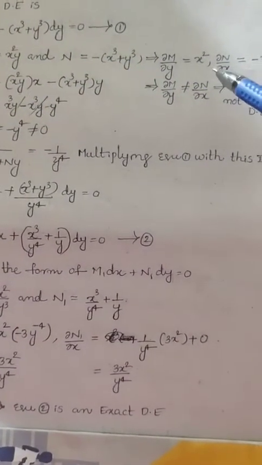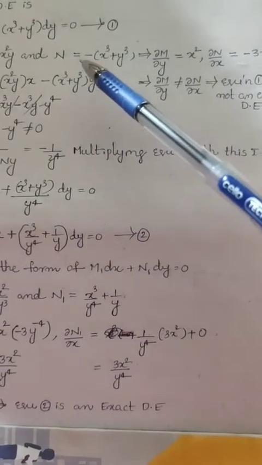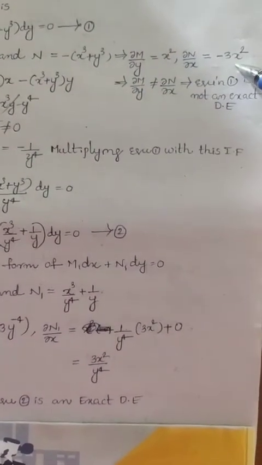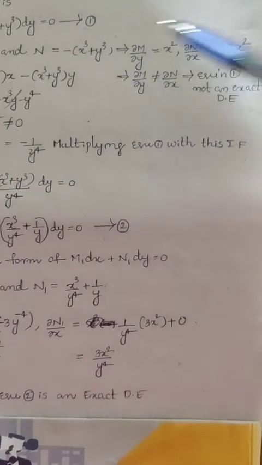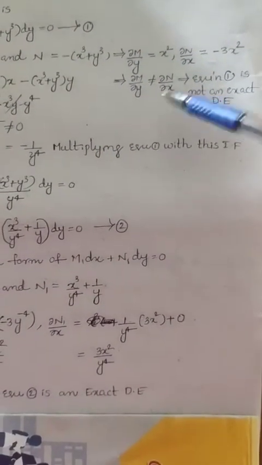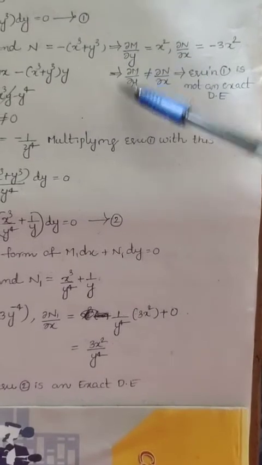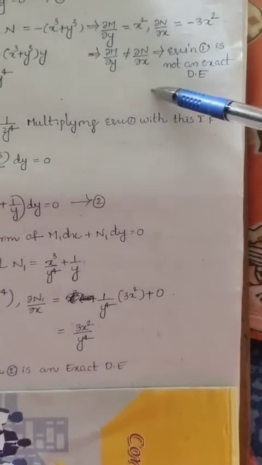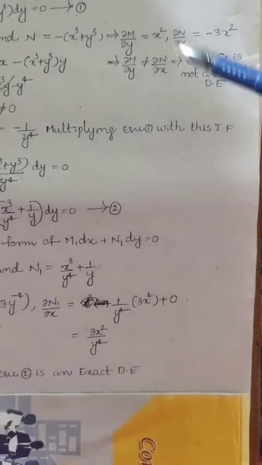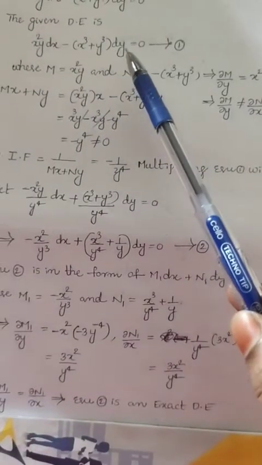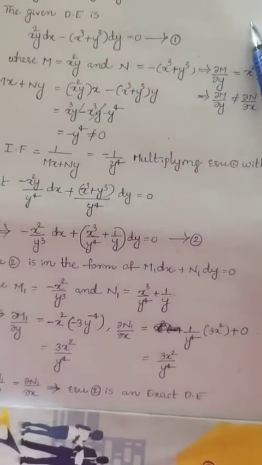Dou N by dou x, differentiating with respect to x, the y cube becomes 0, so it is minus 3x square. Here dou M by dou y is not equal to dou N by dou x. That implies equation 1 is not an exact differential equation.